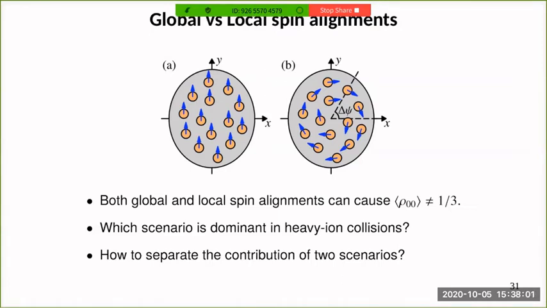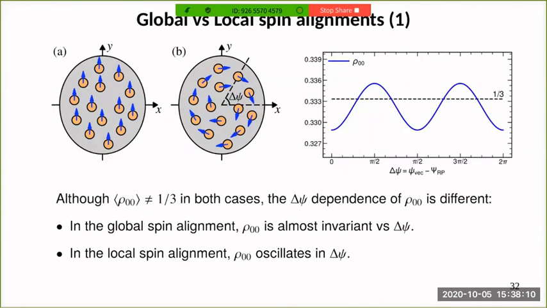Before the end of my talk, I wanted to discuss the difference between the global and the local spin alignments. The first difference is that although the average value of rho 0,0 deviates from 1/3 in both cases, the azimuthal angle dependence of rho 0,0 is different.